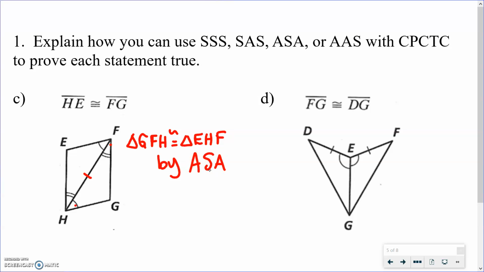Then I can say that side HE is congruent to FG by CPCTC.